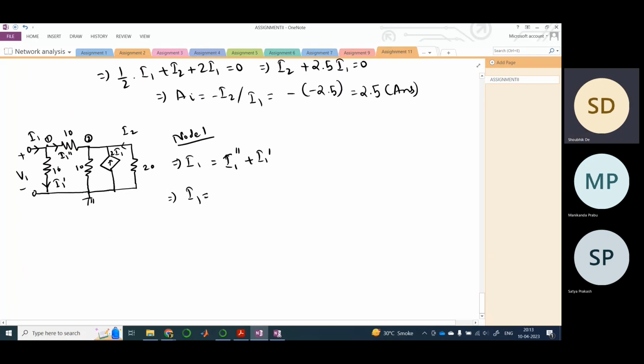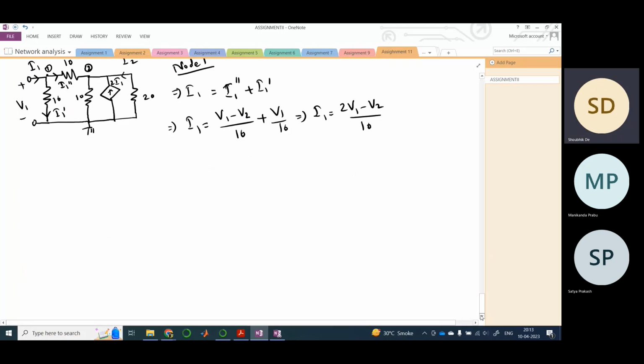Okay, so what is I1? I1 double dash is V1 minus V2 by 10, same as the previous one. So I1 is 2 times V1 minus V2 by 10, right? Now what is node 2's equation? Let us write it like this.